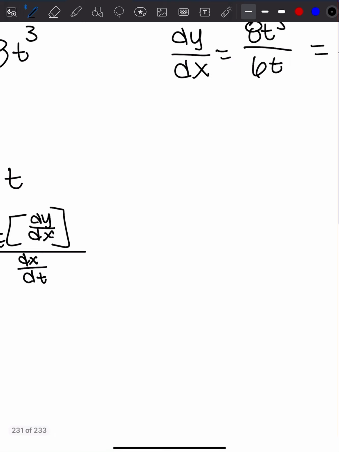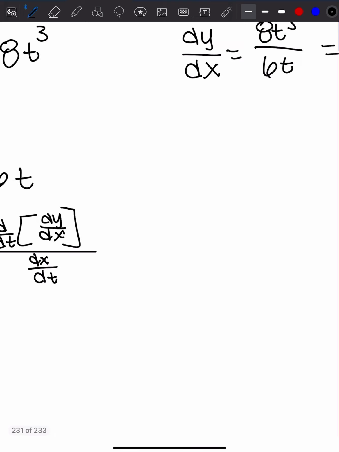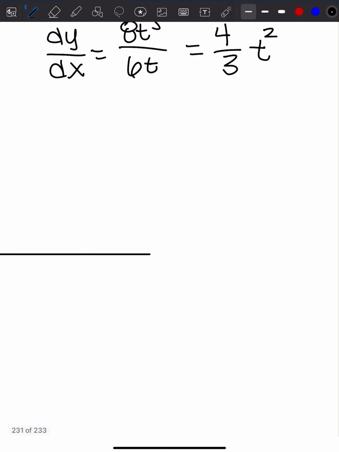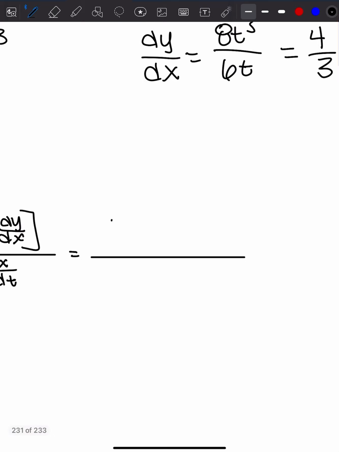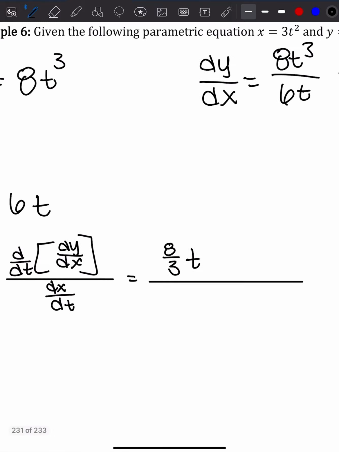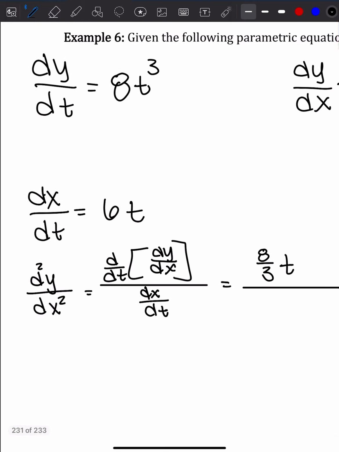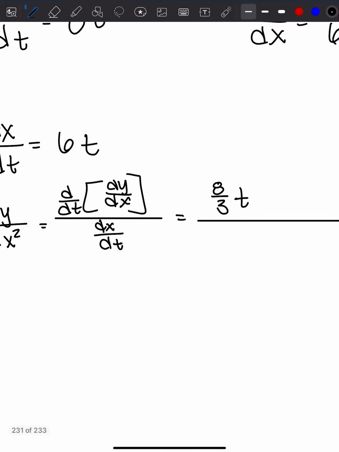So we want to take the derivative of this 4/3 t squared. We're going to multiply by 2 and bring it down. So we have 8/3 t. And we need to divide it by dx over dt, which is that 6t we found.